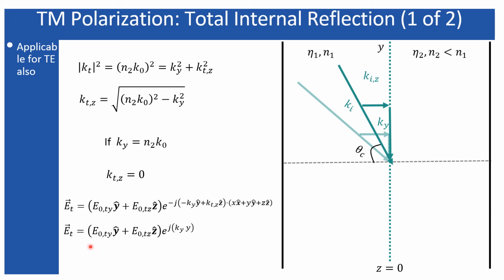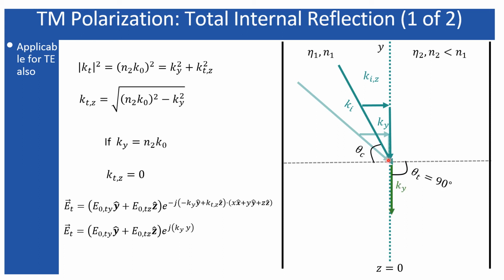From this equation of the resulting electric field, we can easily conclude that if this condition is maintained, the propagation is taking place only based on the y direction. So propagation is taking place along the y direction, along this direction.